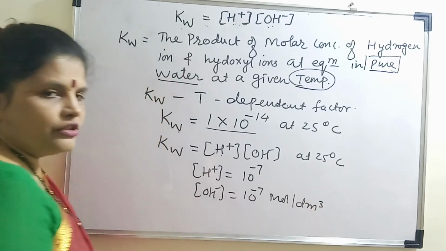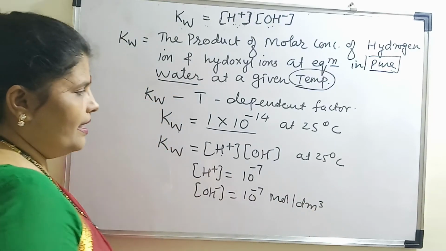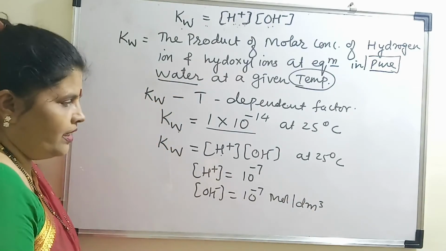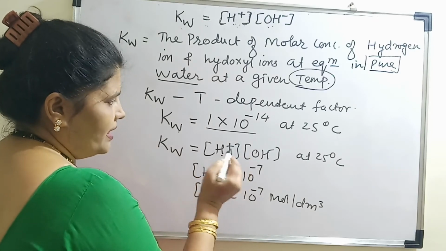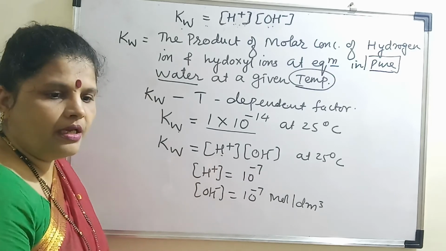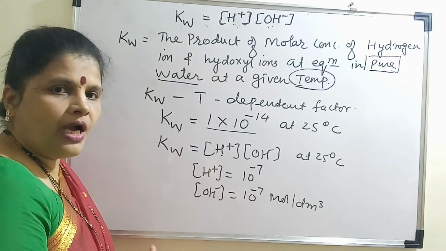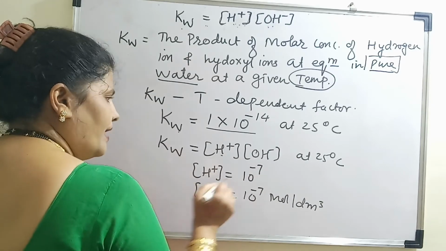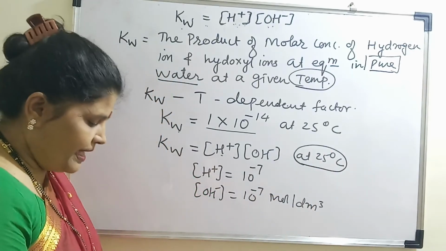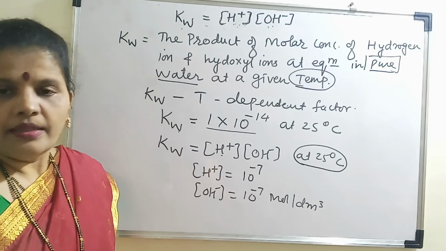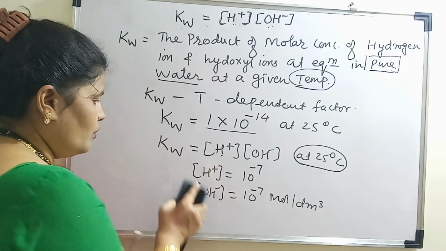This concentration remains constant until and unless you add an acid or a base to it. If you add an acid to it, then this concentration will go on increasing while this will go on decreasing. So this is related to another concept. Here I say that this is at 25 degrees Celsius, which means as the temperature goes on increasing, the value of Kw will also increase.